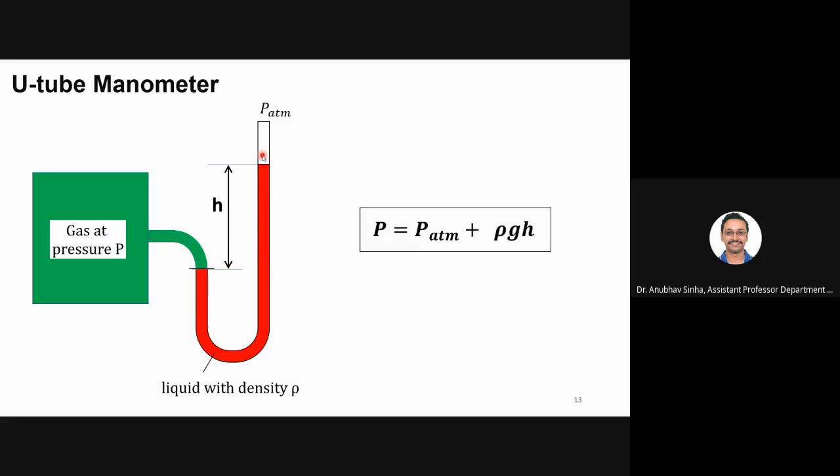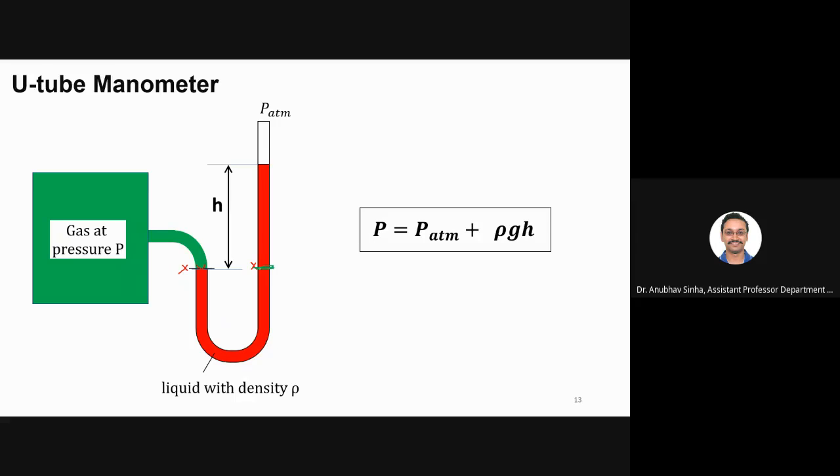Now if I want to calculate pressure at this point P, let me draw it for you. This is where I want to calculate pressure. The pressure at this point will be equal to the pressure at this point, since they are lying on the same level.